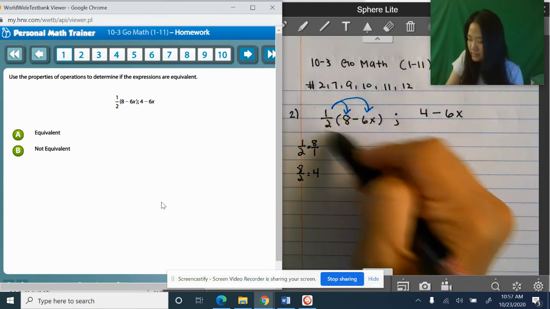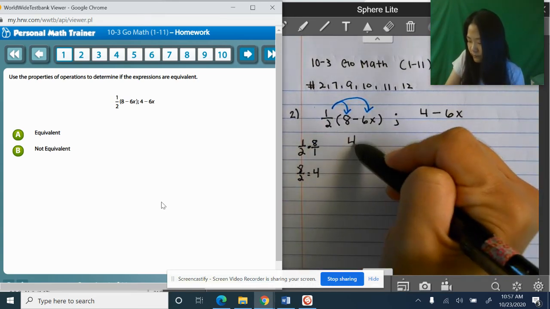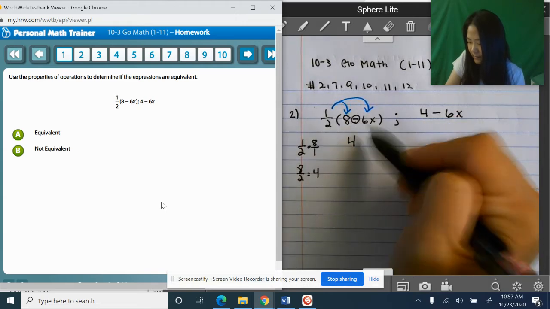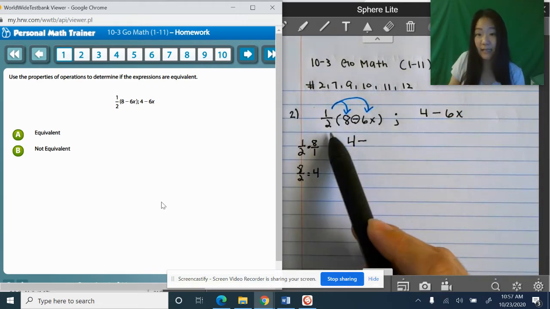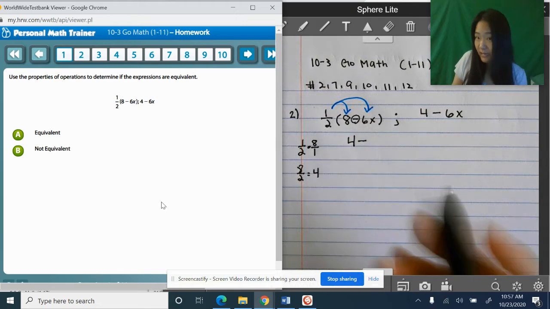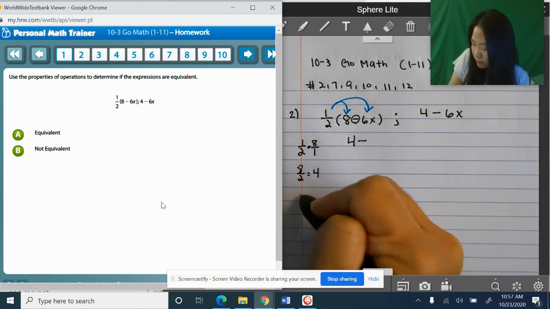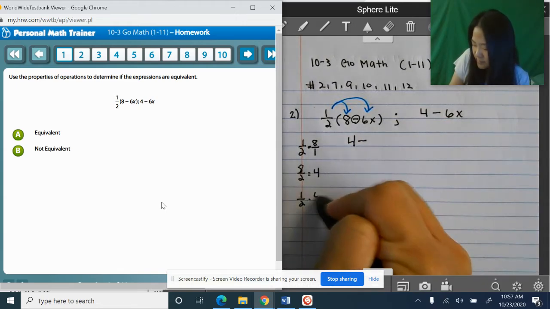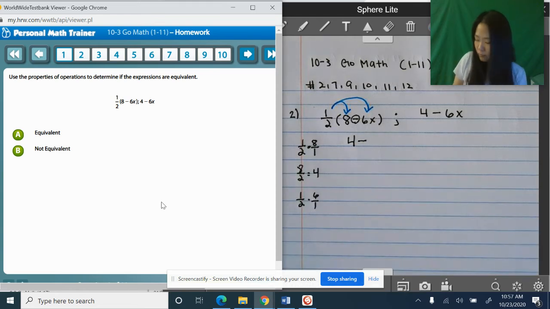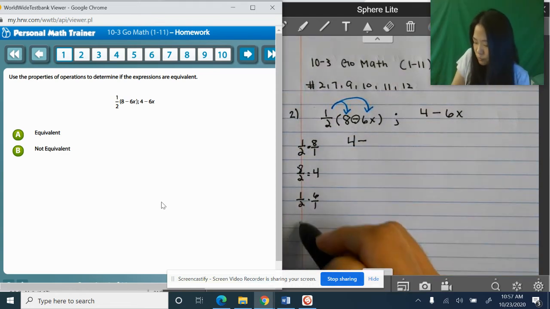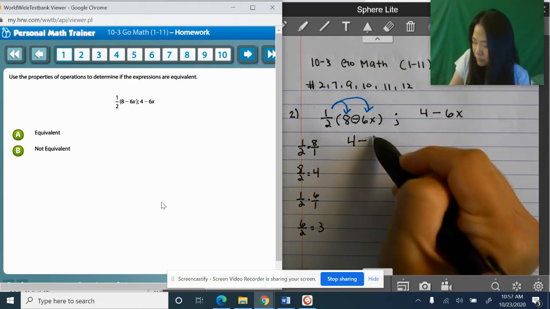So this is 4 minus, now 1/2 times 6x, so 1/2 times 6 over 1, which is 6 over 2, which is 3. So this is 3x.